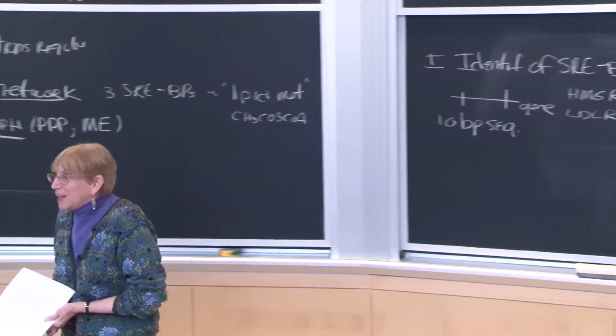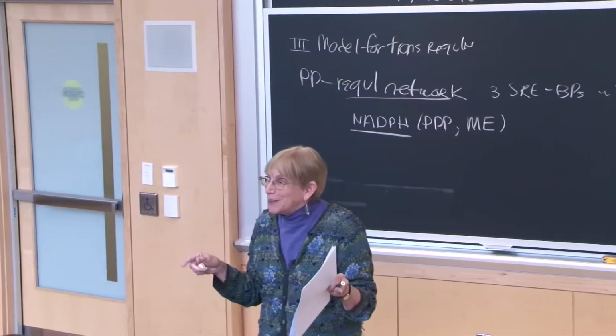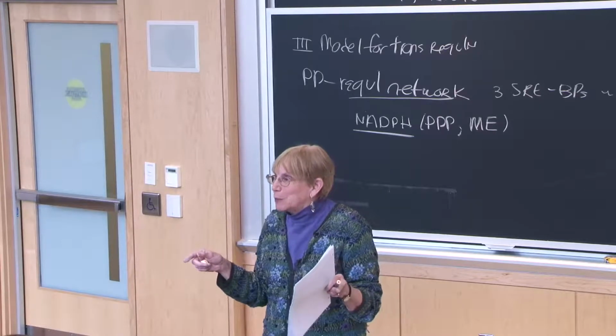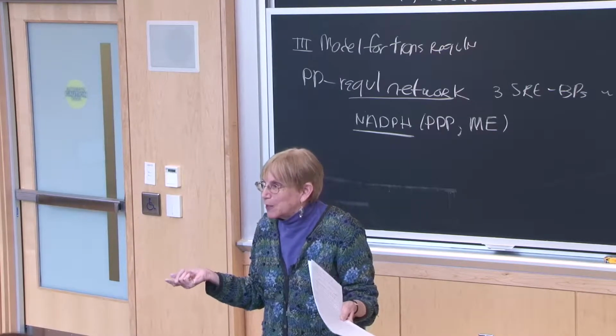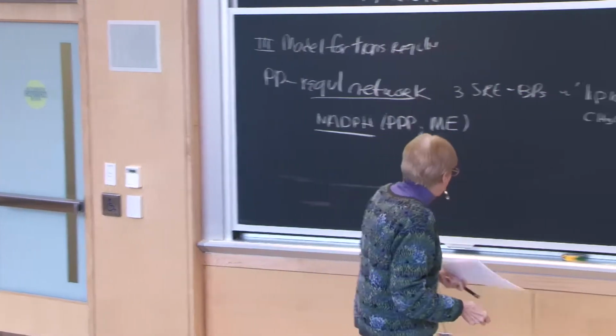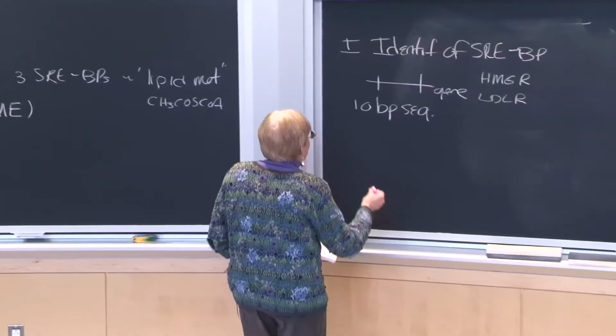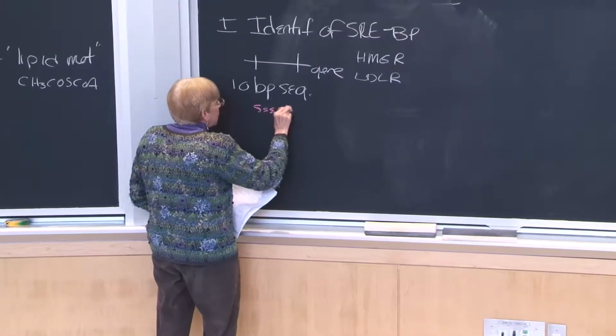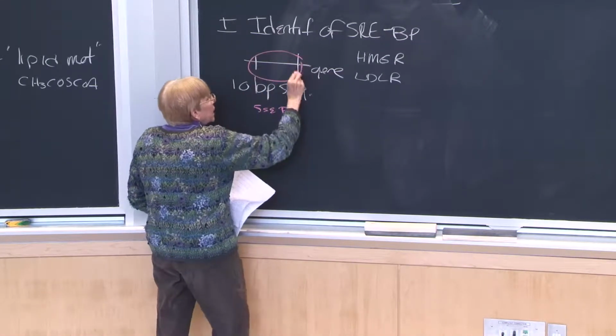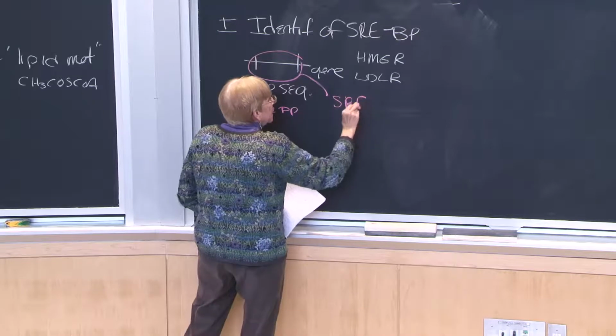Okay, so that suggested to them that there's a little piece of nucleic acid with 10 base pairs that might be recognized by a protein, which could be the transcription factor. Okay, so this was the key, this 10 base pair sequence, and I'll just say see PowerPoint. Okay, and this is the SRE.